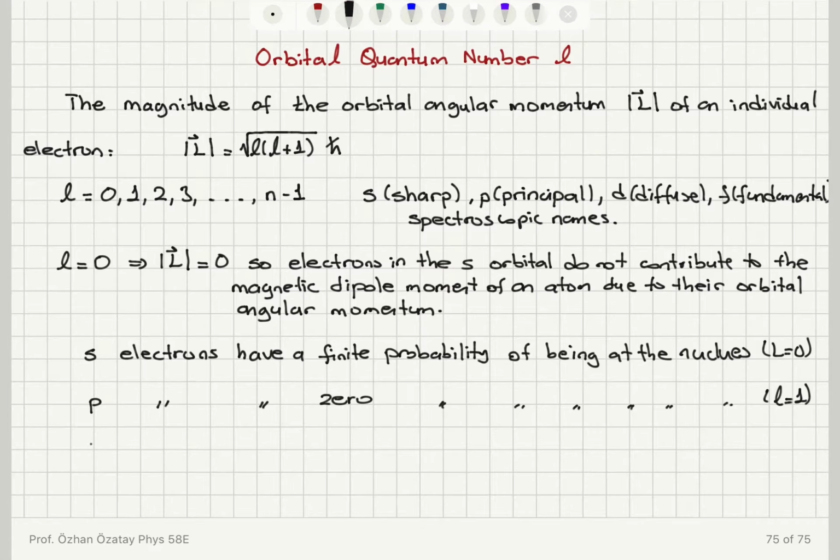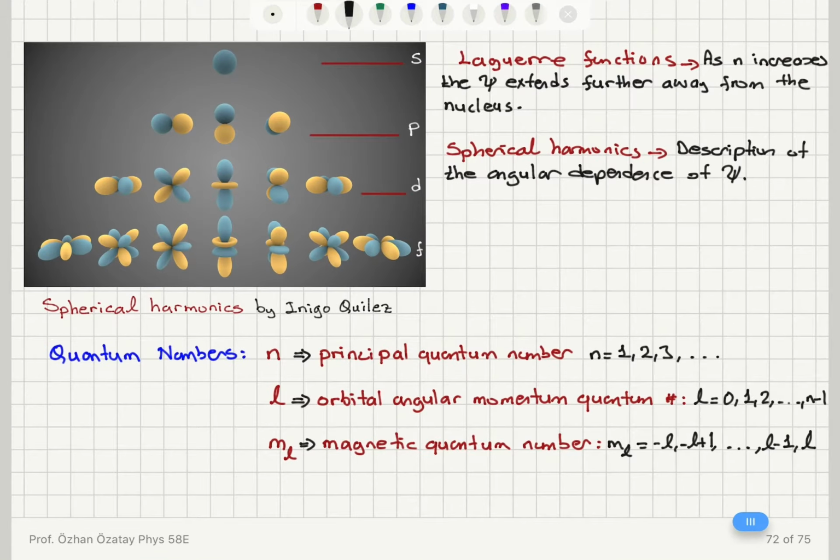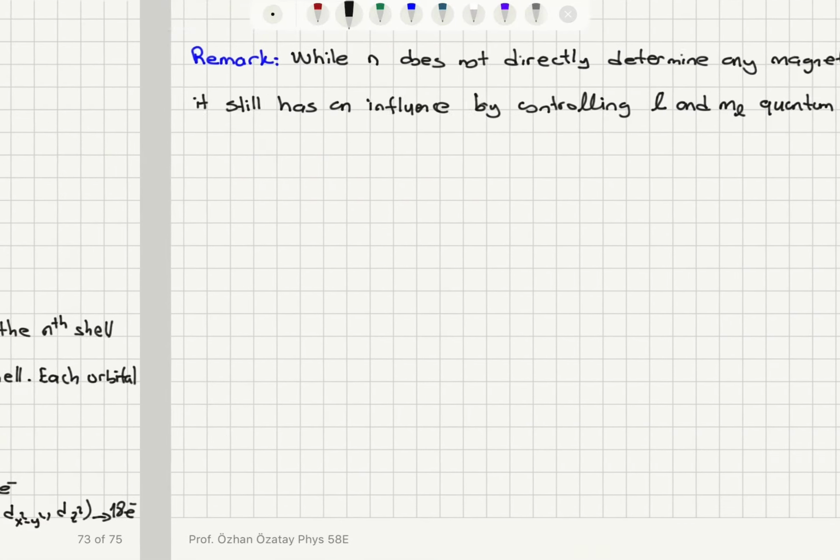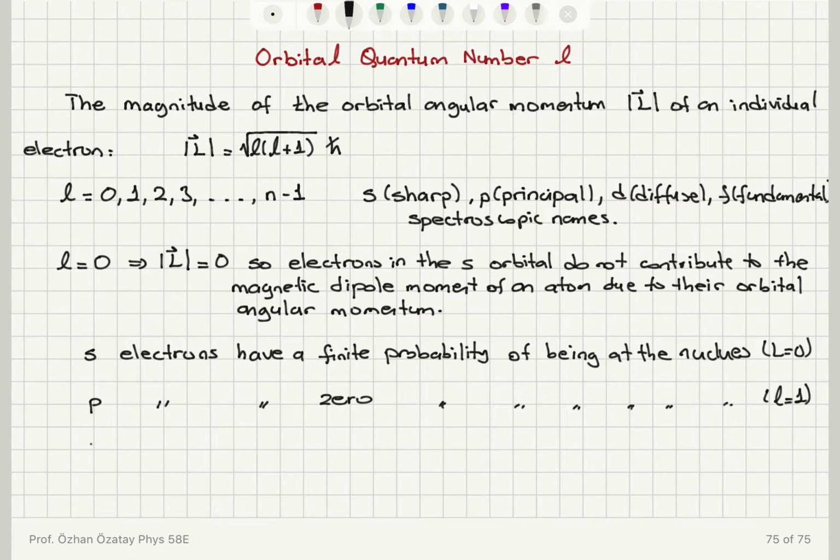You can see that also in the shape of the orbitals, that it goes to 0 at the nucleus. Actually, the same thing is true for D and F as well. Only for S electrons do we have a finite probability of being at the nucleus.